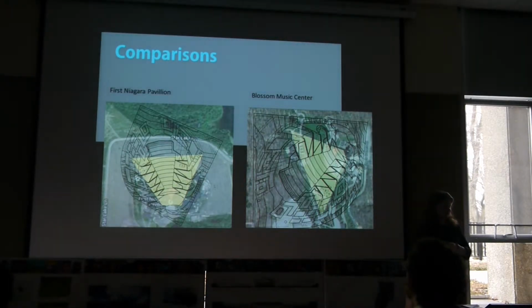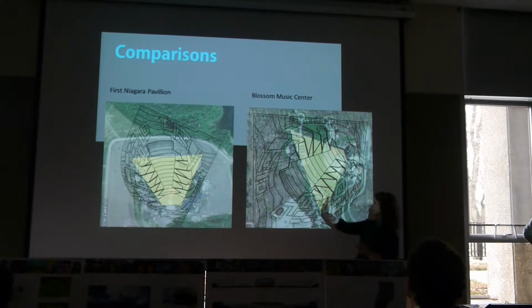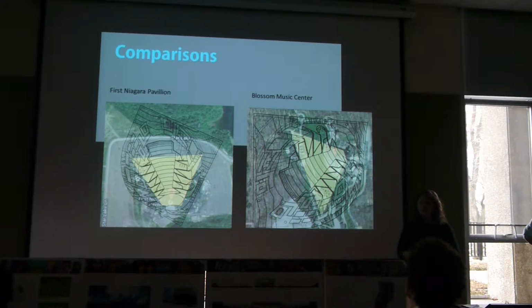I compared this to different sites, such as First Niagara Pavilion and the Blossom Music Center, to give you an idea of scale. It's around the same area being utilized if you cut off the edges and move it backwards, so it is a good amount of space to have this focal point and still utilize view.